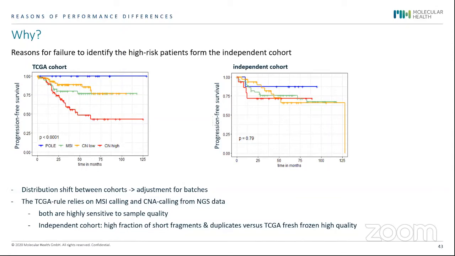And our independent cohort, unfortunately, was not as good quality-wise as we would have wished for, but on the other hand, it showed us, for example, a very strong systematic dependency between the MSI calling and the fraction of short fragments and duplicates. So we learned a lot from it. Yeah, those are the reasons for the performance differences on the two cohorts.